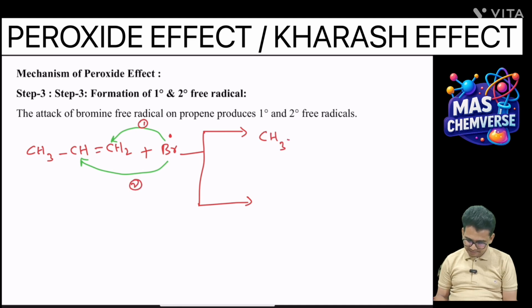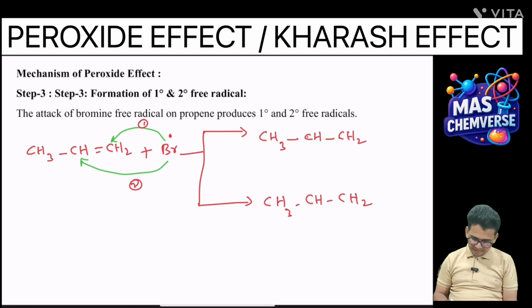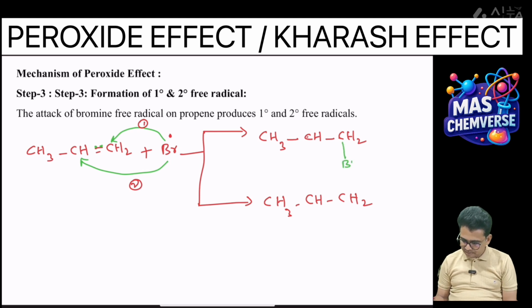First attack, I am writing. See, first attack, what is it telling? Bromine going to this carbon, attacking on this carbon. Already one electron is there. Here 2 electrons total. It required 2 electrons for the formation of the bond here. 1 electron with the bromine.